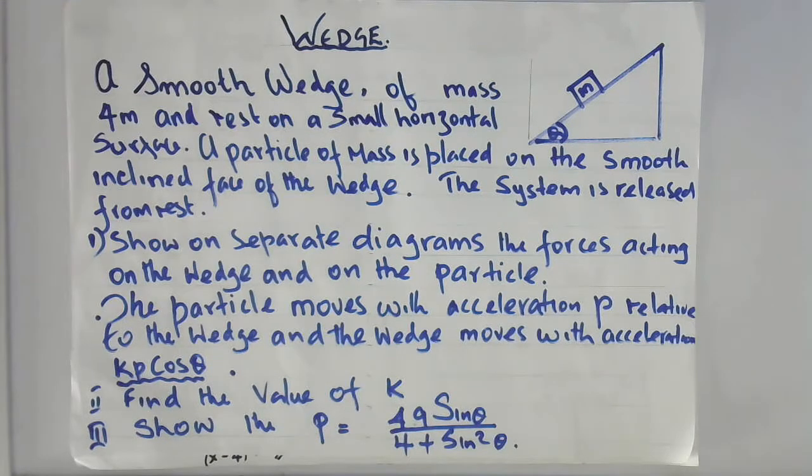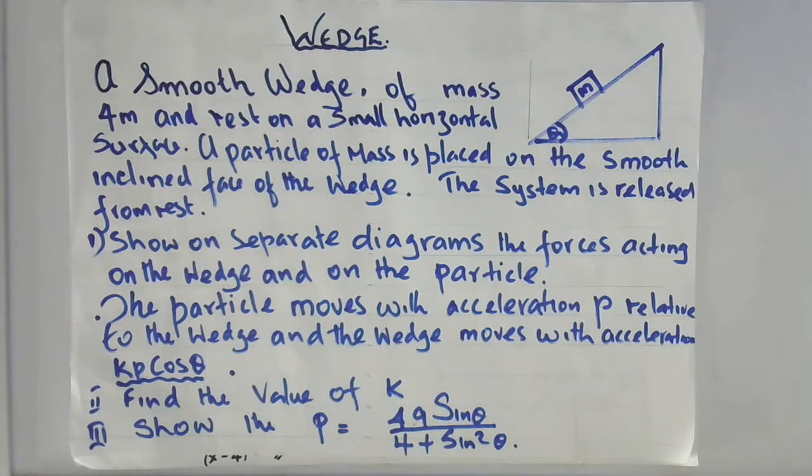Hi students, this question is about a wedge. The question is given here: a smooth wedge of mass 4m rests on a smooth horizontal surface.